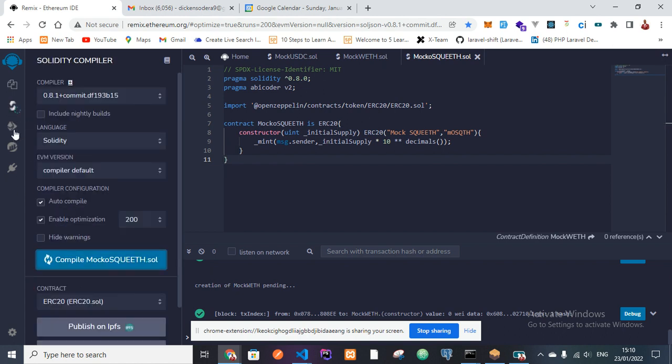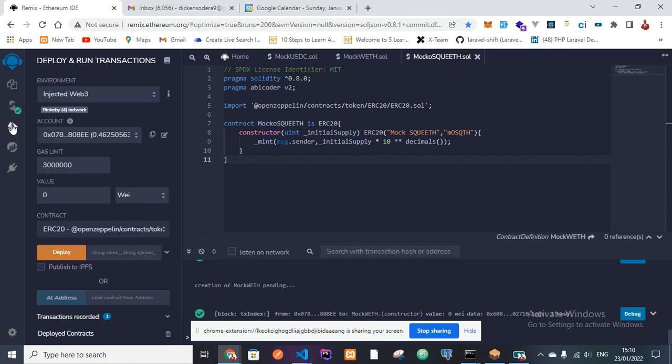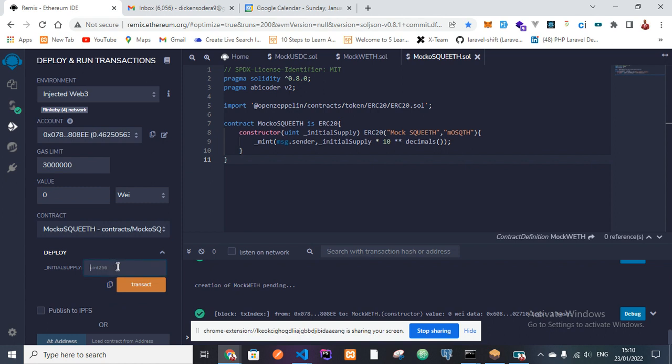So it's auto compiled. Let's also specify the initial supply to be 10,000.